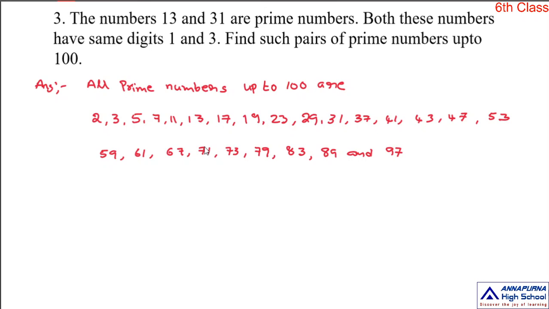Out of these prime numbers, we look for pairs having the same digits. The first pair is already given, 13 and 31. Second one, we find it: the pair 17 and 71.